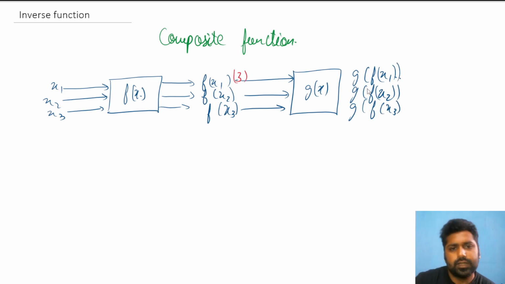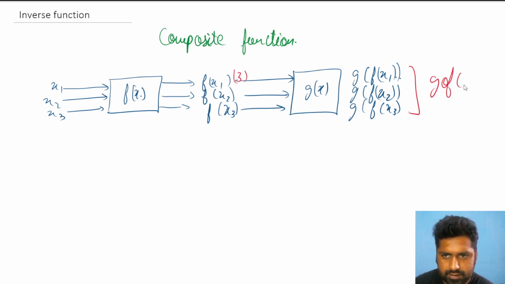So once you get a value from some function, you put it inside another function. That result is called your composite function, and this is what g of f of x is. It's also called gof x.